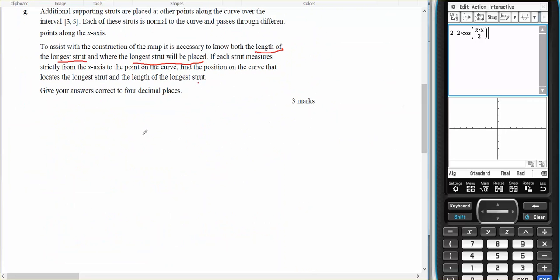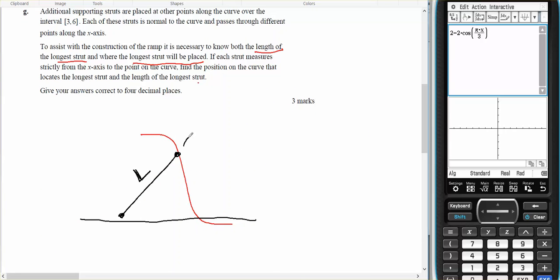Okay, so what I've got is I have my ramp, and let's say my longest strut is there, and that's its length. I'd like to find the coordinates, and let's say this is point A because it's asking where is it placed, so I'll make what it's placed my unknown.